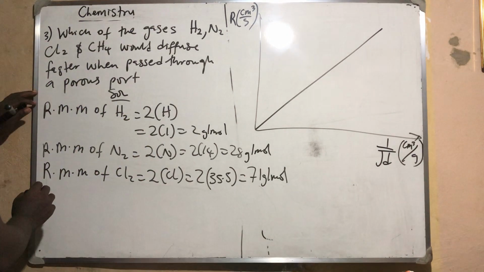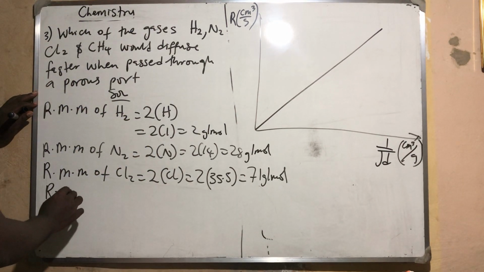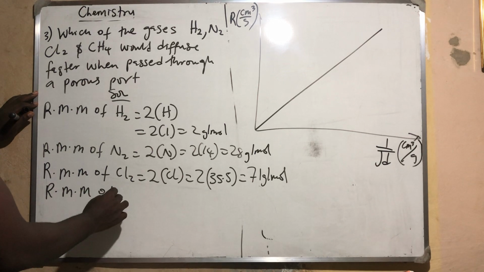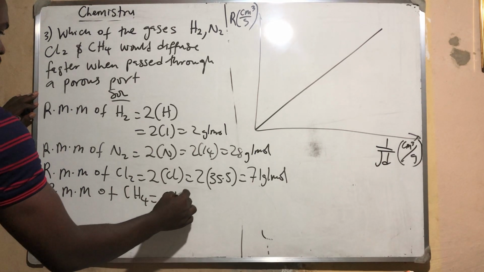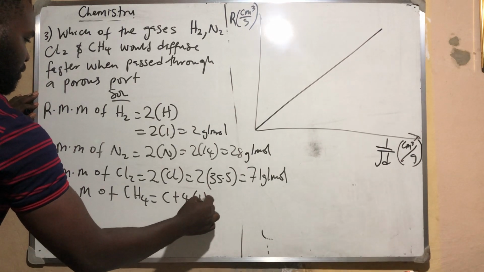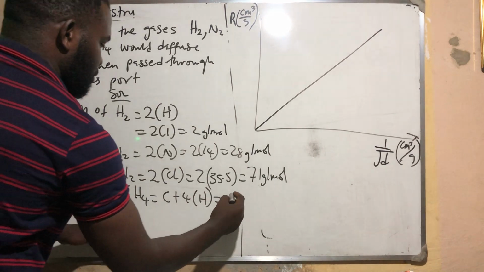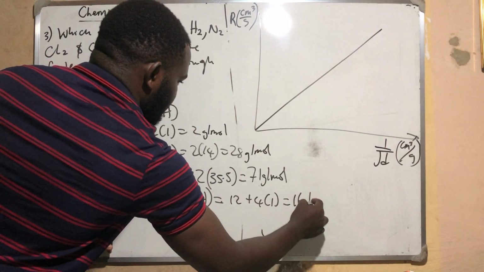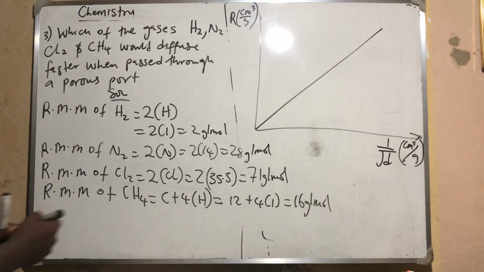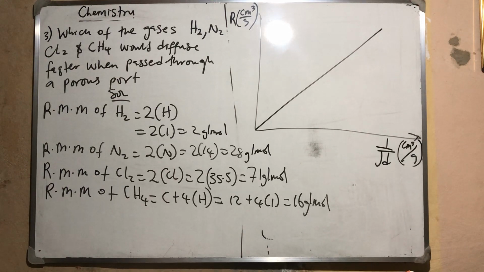And the last one is CH4. The relative molecular mass of CH4 is C plus 4 times H, which is 12 plus 4 times 1, which is 16 gram per mole. And you know that the rate of diffusion is inversely proportional to the relative molecular mass.